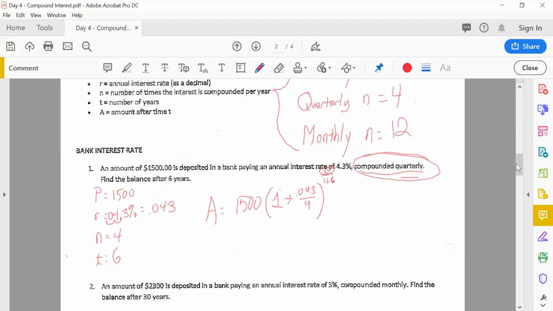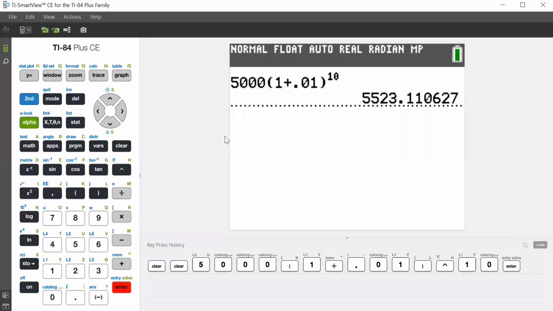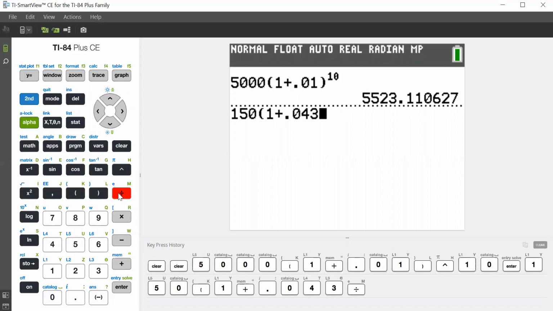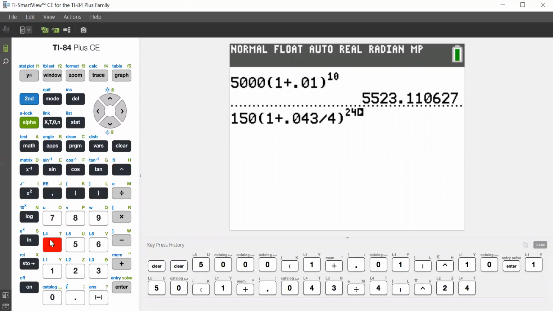All right, let's go to our calculator. 1,500 parenthesis, 1 plus 0.043 divided by 4, close the parenthesis, raised to the 24th power because it was 4 times 6. That's it. Oh, did I mess up here?